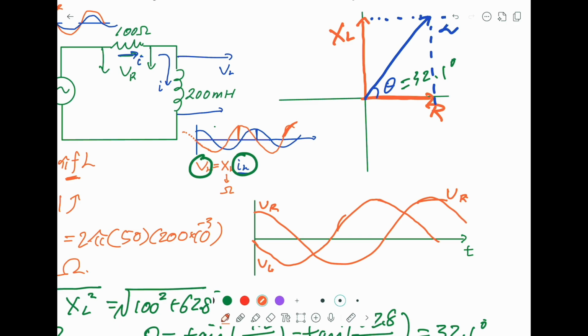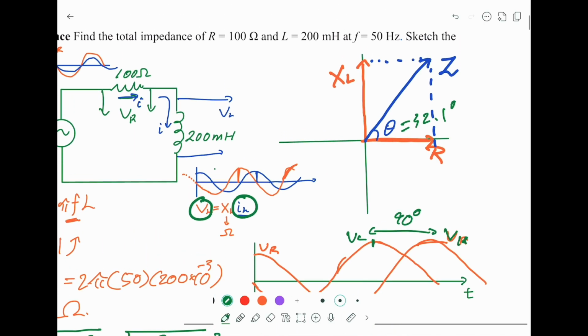And if you look at the shift here, the difference is 90 degrees. So this is VL, this is VR, and this is 90 degrees ahead of the R.